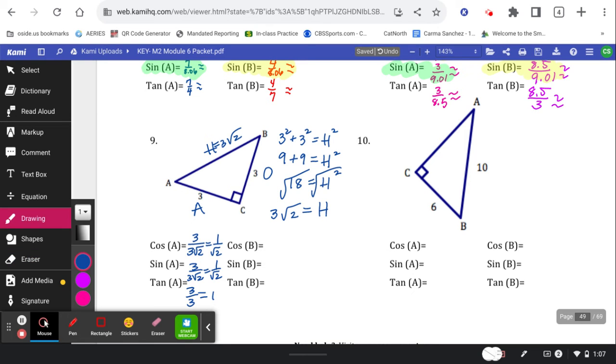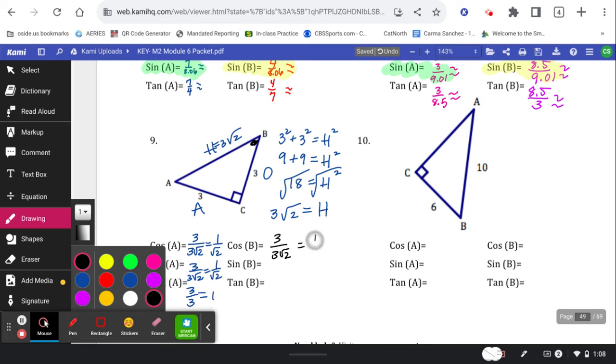Up here, cosine of B, adjacent over hypotenuse. Sine of B, opposite over hypotenuse. Tangent of B, opposite over adjacent.